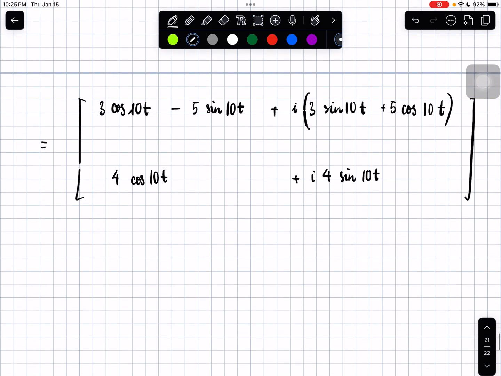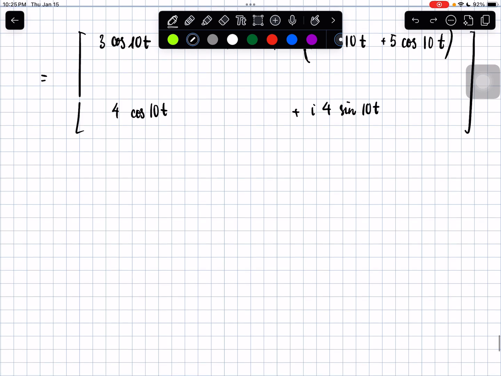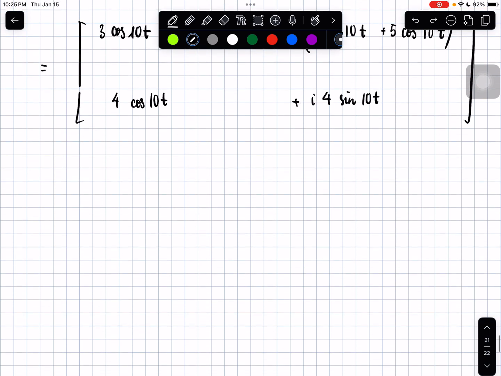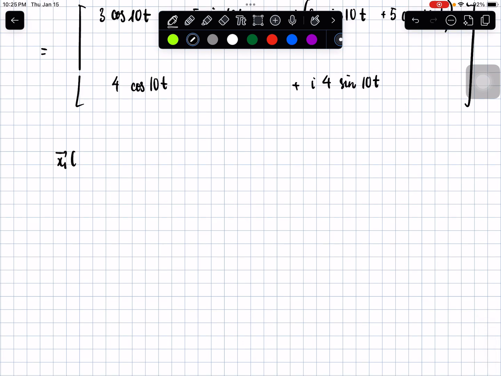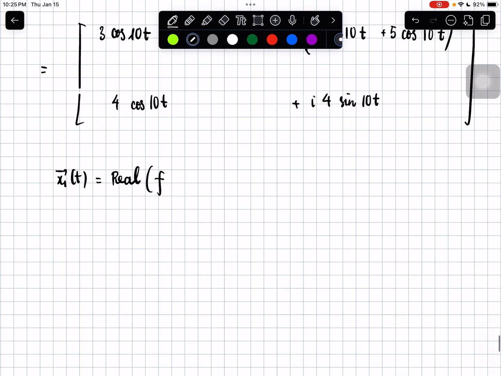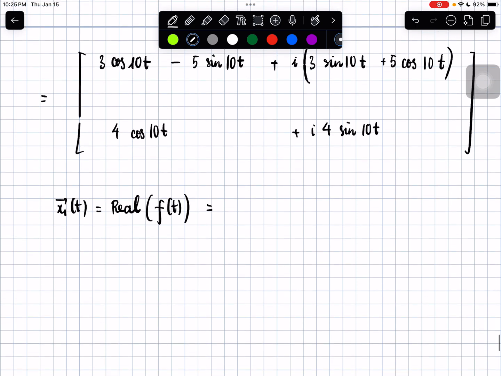The real part gives us the first solution we have. What's the name we should use? Okay, use x1(t), real part of F(t). This might confuse with the axis, so I don't use x1.